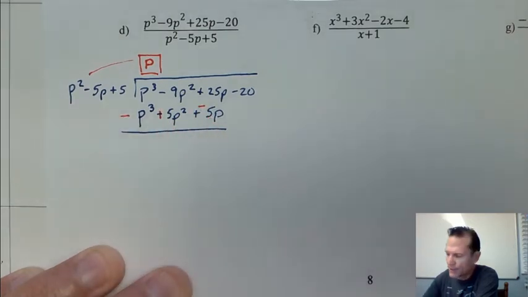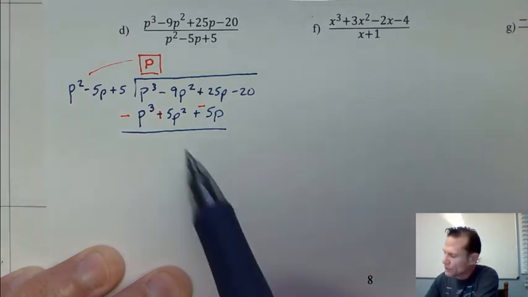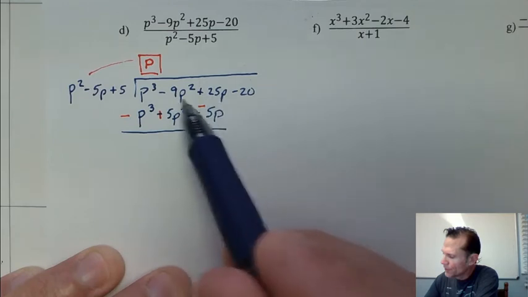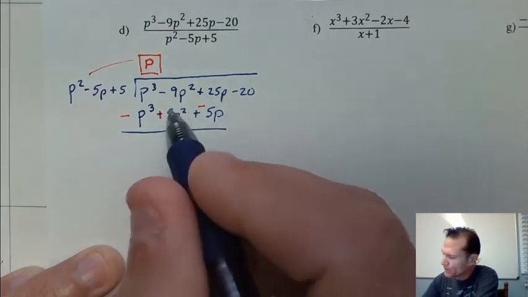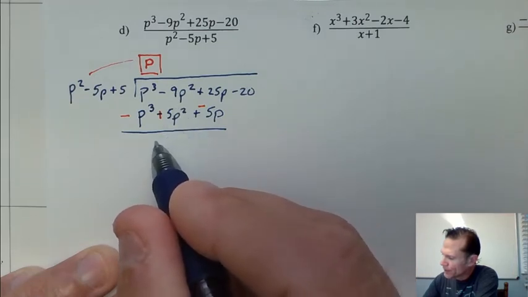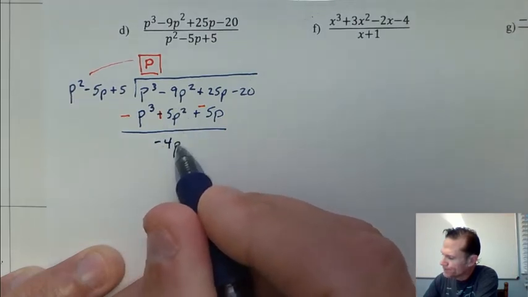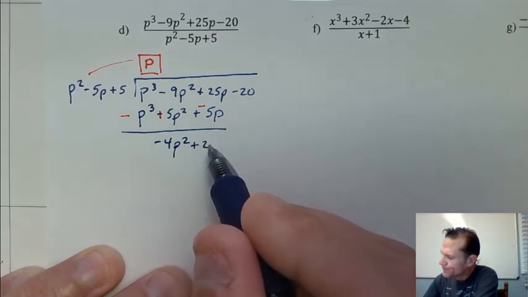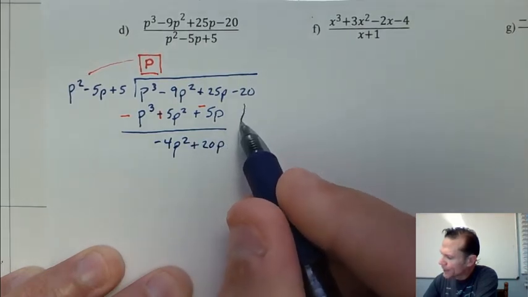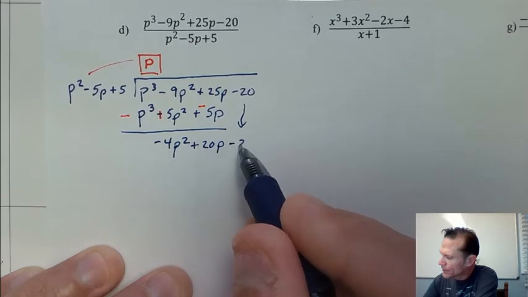That helps us take care of the subtraction. So here we can put these terms together, and they're already lined up in columns. Okay, so we have negative 4p squared, and then 20p, and then I'm going to bring down this constant term, this last term here.